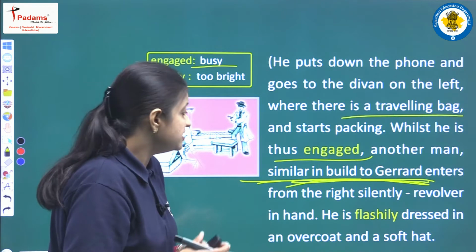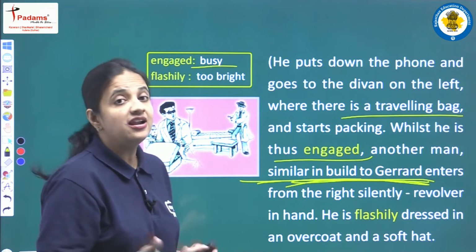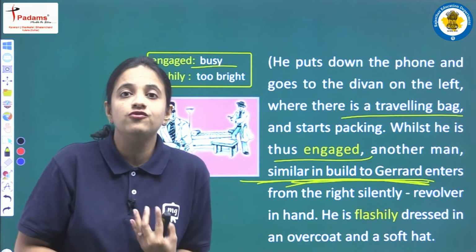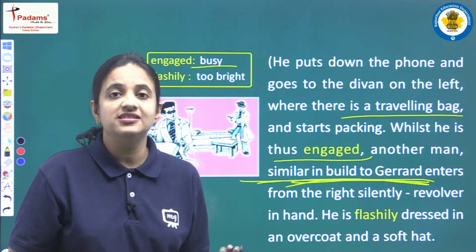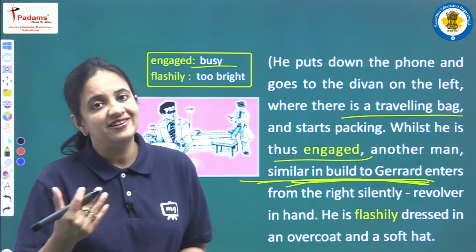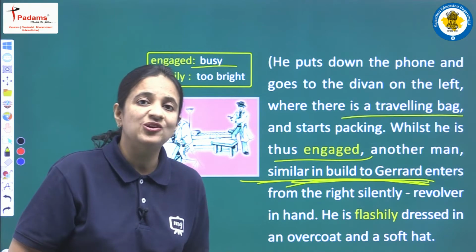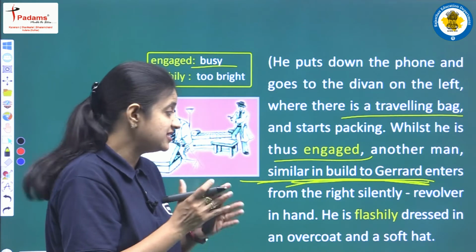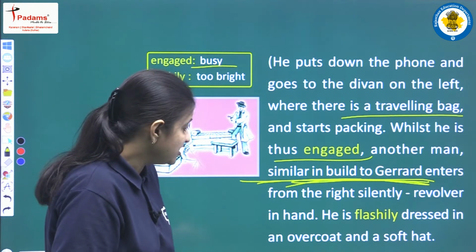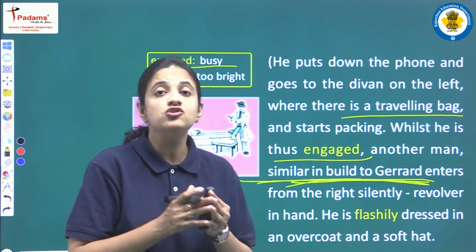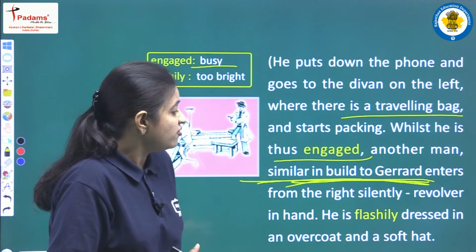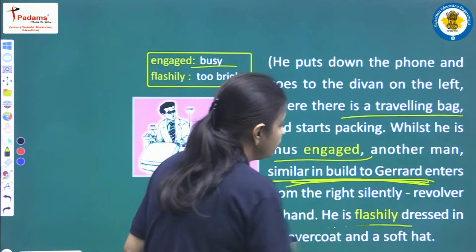That person now enters from the right, very silently, not making any kind of noise. It means that person is the intruder and he is entering into Gerald's cottage, into Gerald's house, and he has a revolver in his hand. He is flashily dressed in an overcoat and a soft hat. That intruder is very flashily dressed. So what does flashily mean?